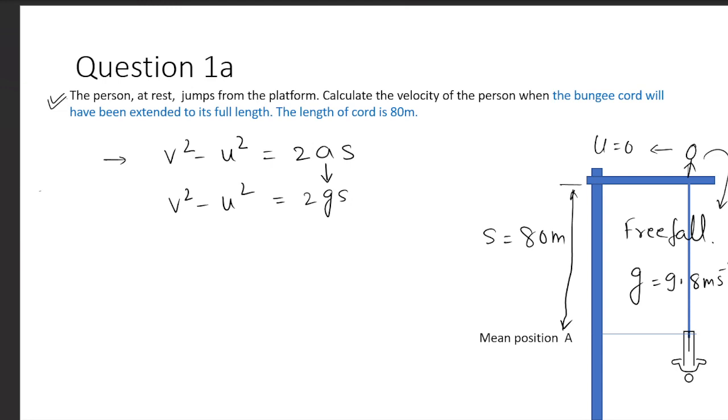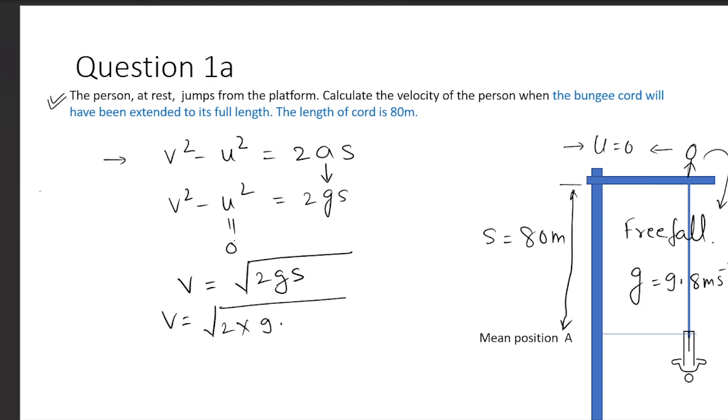As we know, the person jumps from rest, so u also becomes 0. Finally, we can write v is equal to under root 2gs, so v is equal to under root 2 into 9.8 into the length of the cord or the rope.